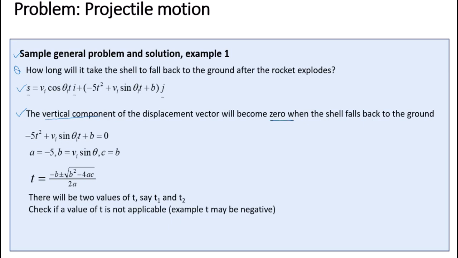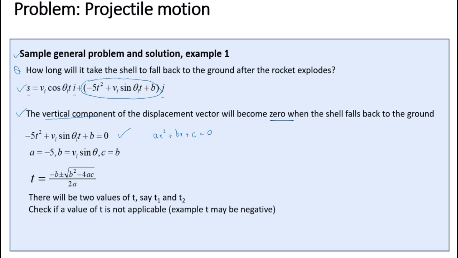So essentially what we are saying is this vertical component, which is times j, should become equal to 0. And therefore, this equation seems to be quite familiar. It's a quadratic equation, very similar to ax square plus bx plus c equal to 0. The only difference is x is replaced by time.